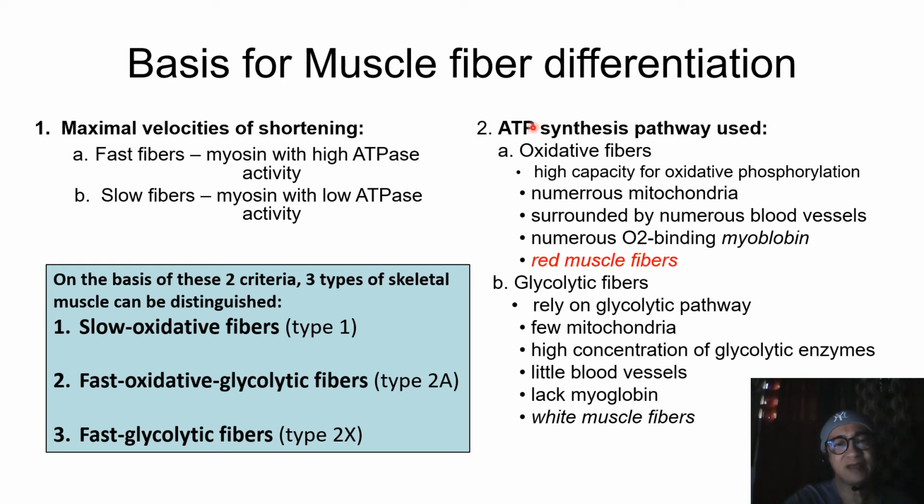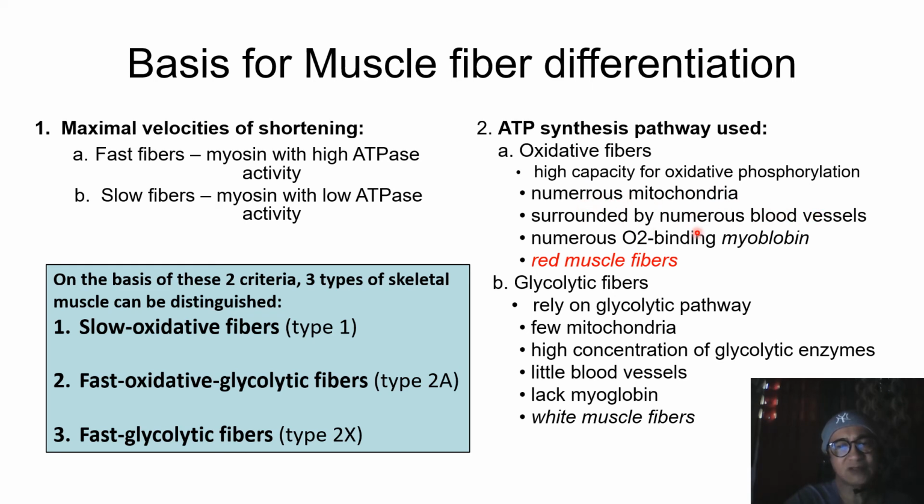And under ATP synthesis pathway, you can also classify muscles as either oxidative fibers or glycolytic fibers. Oxidative fibers rely on ATP production by oxidative phosphorylation in the mitochondria. So you have lots of mitochondria in these kinds of fibers, and they are surrounded heavily by numerous blood vessels.